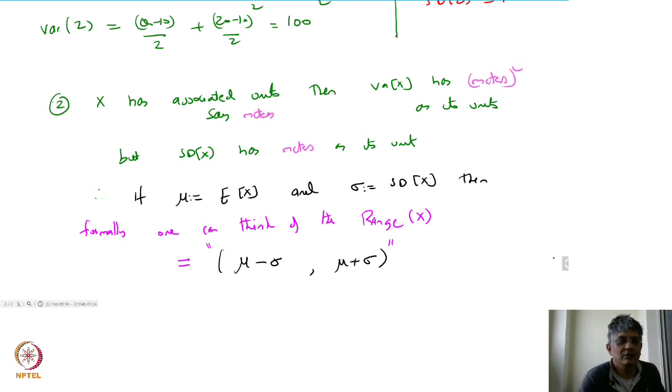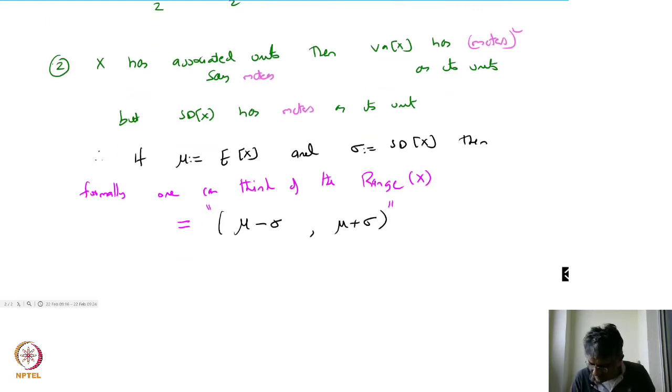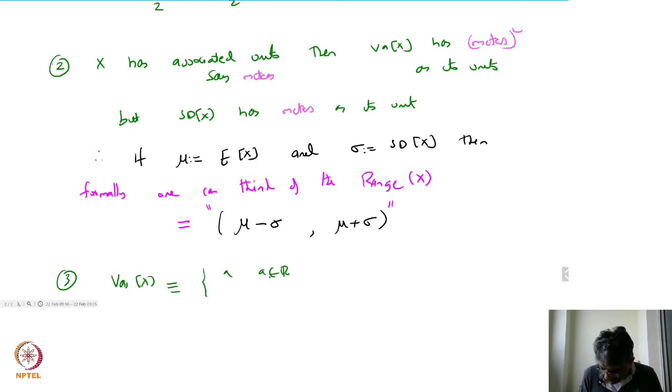The last thing you should keep in mind is that variance of x is always defined, but it could be finite, a real number, or it could be infinity. So it need not be finite. Variance infinity means your spread is everywhere. So even though E of x is finite, the variance could be infinite.